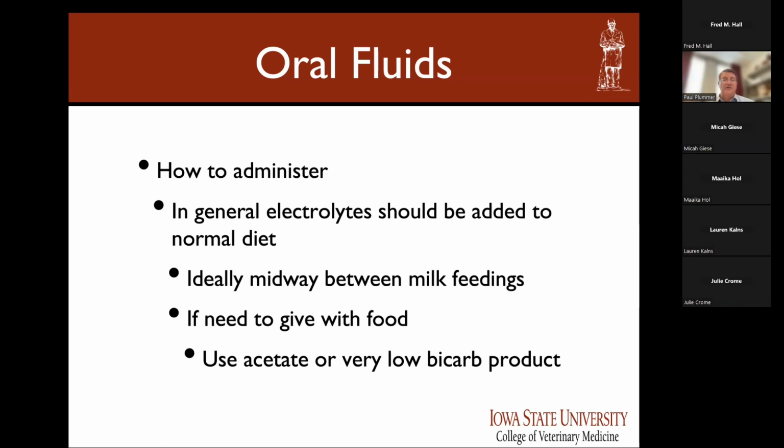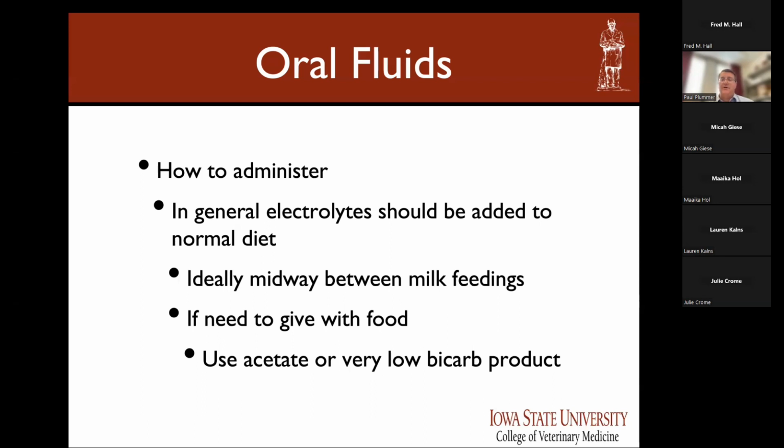And particularly, we don't want to mix the electrolyte powder up with milk. Those are designed to be separate from each other. They're designed to be mixed in water. There's other electrolytes in milk. So if we try and mix up electrolyte powders, and not all of these products come as a powder, but some of them do, with milk, trying to proverbially kill two birds with one stone instead of mixing the electrolyte powder with water, it actually defeats the process.